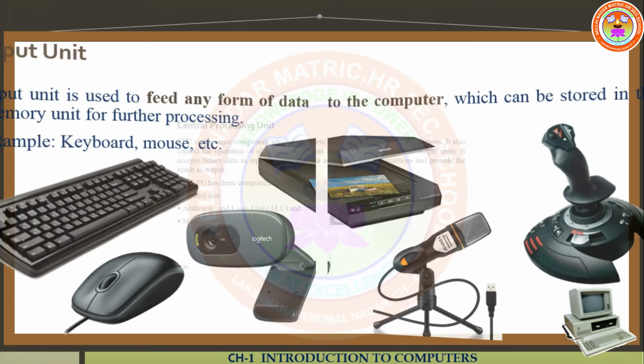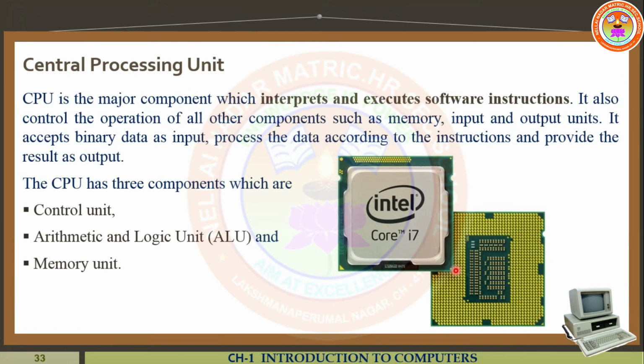Okay, right. The next thing is the central processing unit. That is a very important unit. The central processing unit is simply called CPU. All of you know that. The CPU is the major component which interprets and executes software instructions. So what is the main job of the CPU?